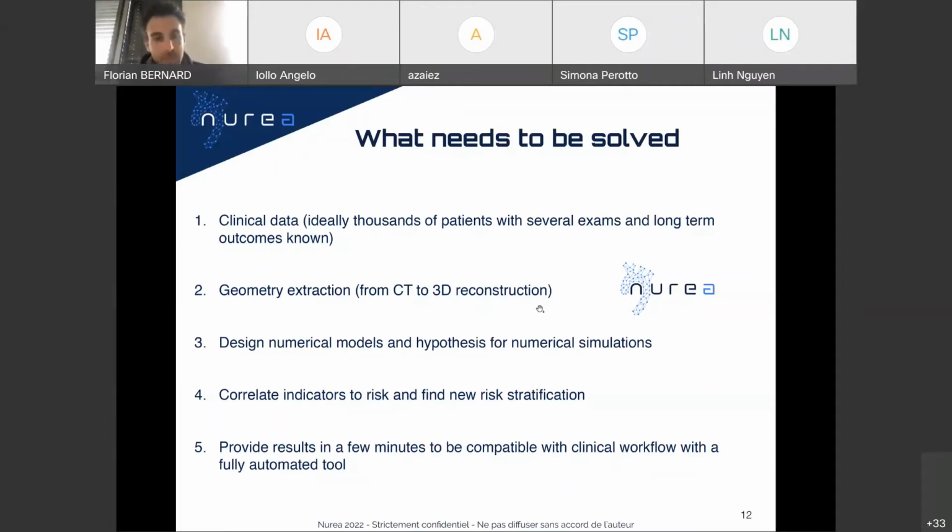And the second step is that from the CT exam, you need to first extract the geometry, have a 3D reconstruction of the arteries to do your numerical simulations. So that's the part where, at least, Nurea is providing a tool to do that automatically. And that will allow to do that on maybe not thousands of patients, but at least hundreds of patients.